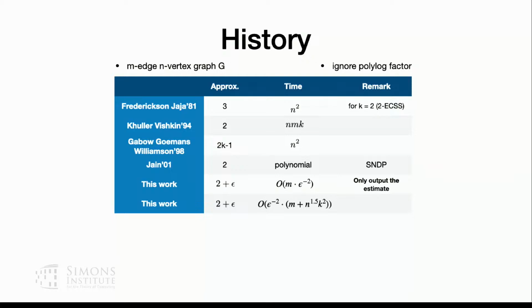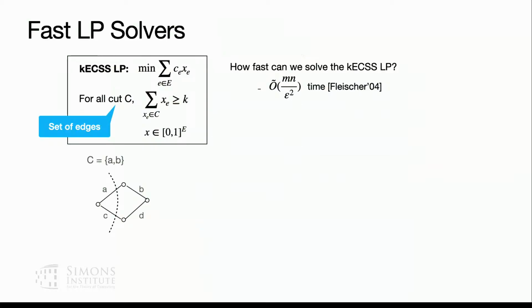So let me talk about how to solve the LP for this problem. Here is the LP formulation for the kECSS problem. I want to minimize the sum of the costs times the variable x_e, and we want to select edges such that each cut is covered by at least k amount, and then there's a restriction that you cannot pick more than one of each edge.